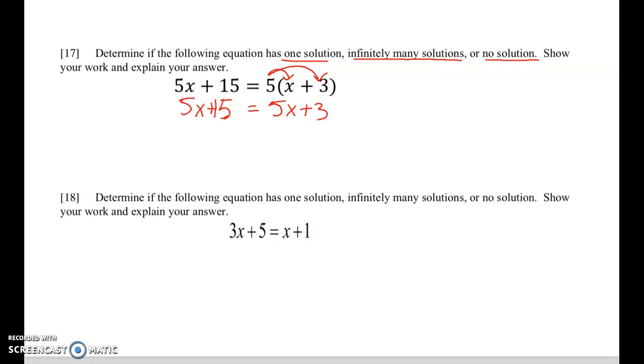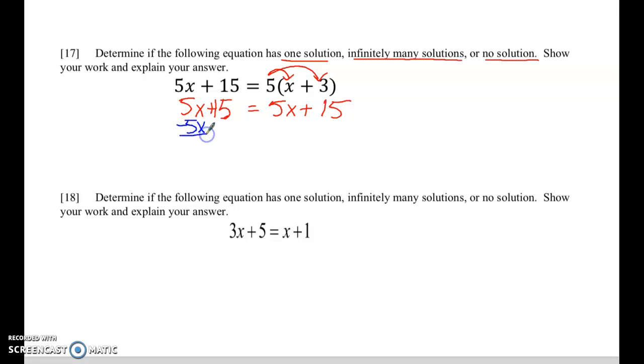Now, I see a mistake that I made. When I distributed, I did not do it correctly because I have to go 5 times x, and I also have to go 5 times 3. So that would end up being 5x plus 15. Now I look at those, they are identical. So I could stop right there because they were identical, but I'm going to keep going.